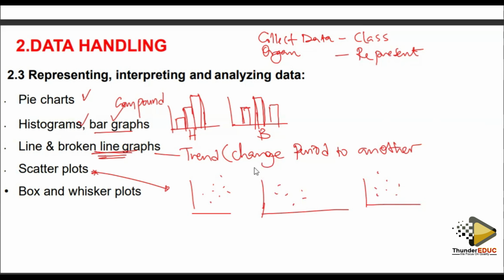It has no format. So when the data is tending towards the right, we shall say it's a positive correlation. It's tending towards the left, towards below here, we shall say it's a negative correlation. And here we shall say no correlation at all.